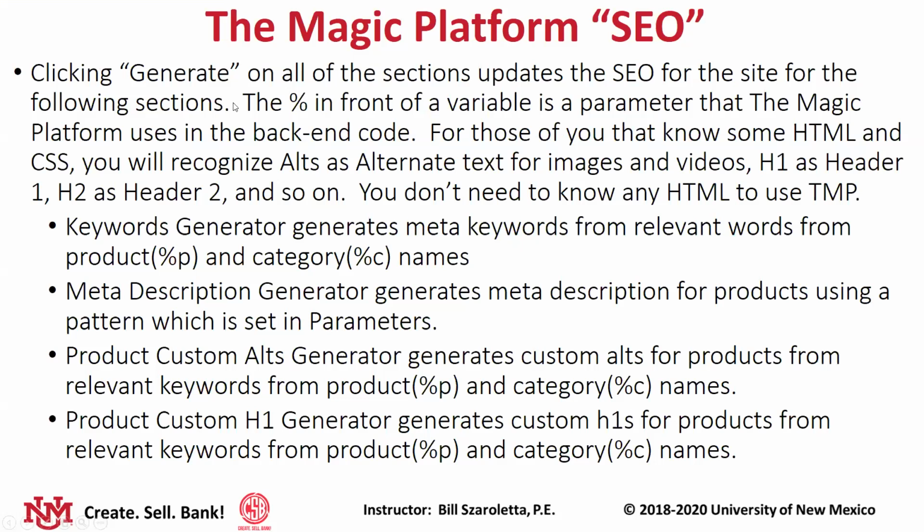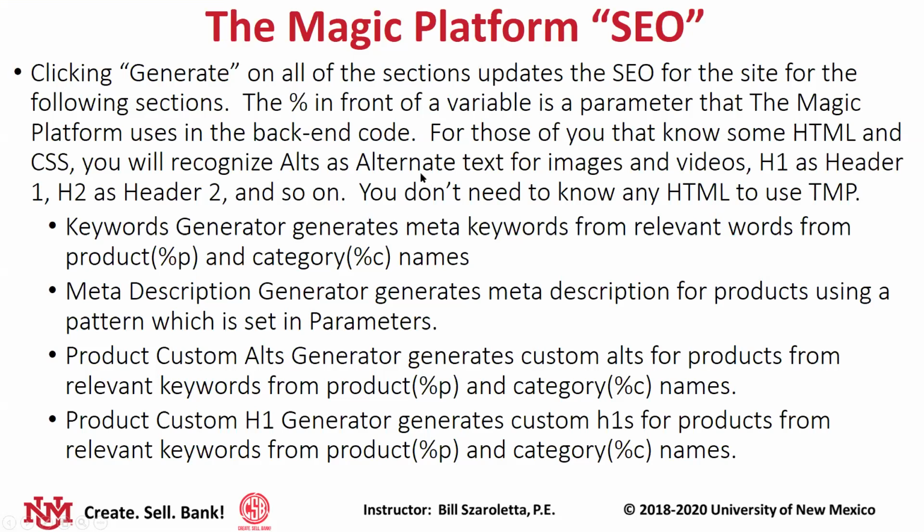Now, clicking Generate on all the sections, update the search engine optimization for the site for the following sections. And the percent in front of a variable is a parameter that the Magic Platform or the underlying application uses to put in the backend code.